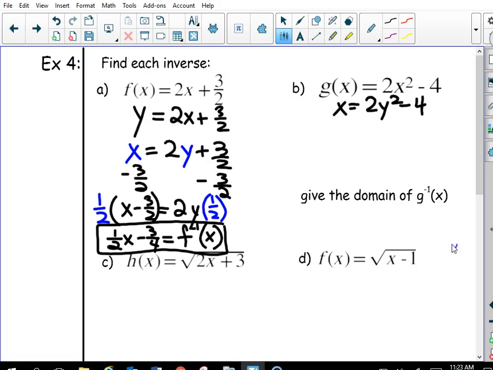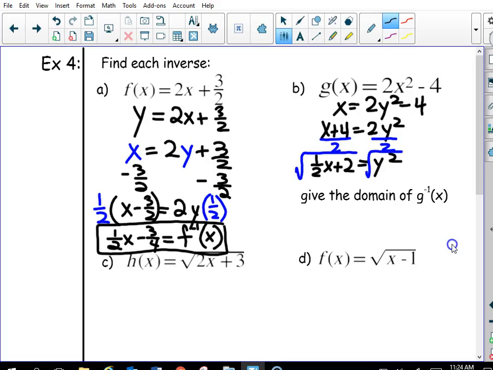I'm going to add 4, divide by 2. I better show that step. So I get 1/2 x plus 2 equals y squared. Now I'm going to take the square root. And since I have variables on both sides, I don't have to do plus or minus.